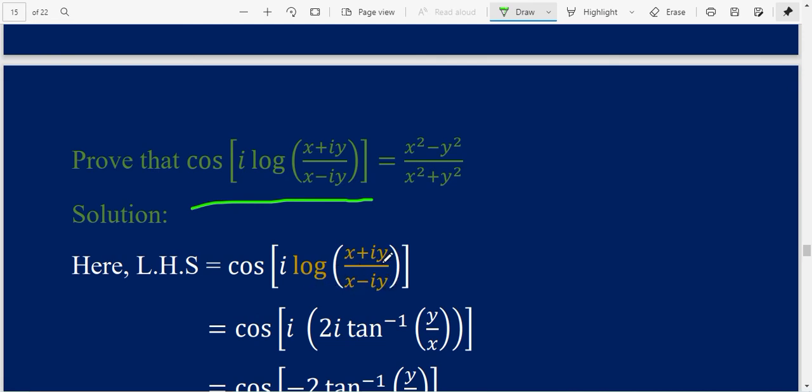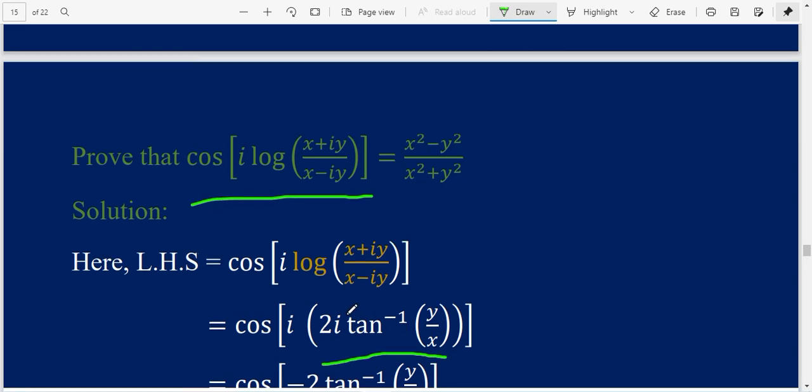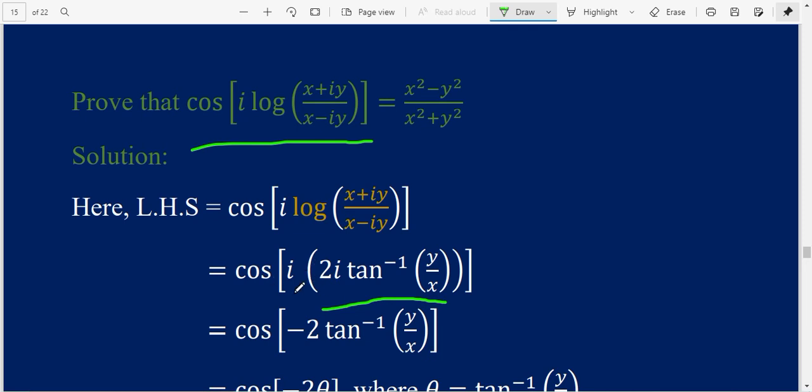Log of (x plus iota y) upon (x minus iota y), which we proved is 2i tan inverse y upon x, into i, from the above theorem.